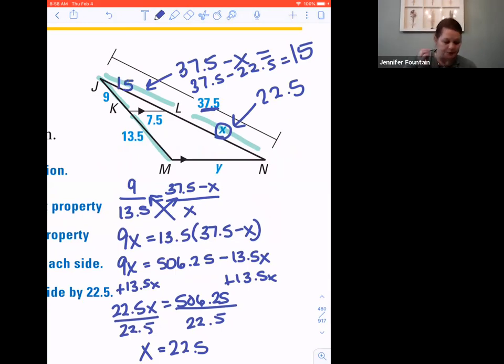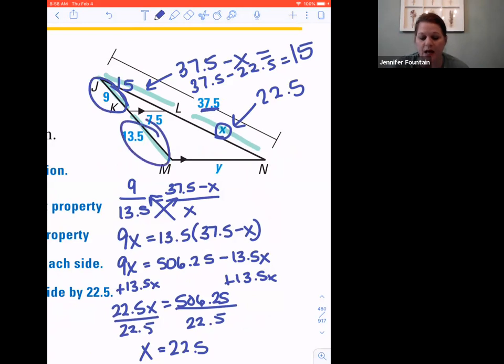Now we need to solve for Y. We found X, now I need to solve for Y. So what we're thinking about is, again, my proportionality. If you wanted to use the sides we just found, you could, or we can go back to the original.